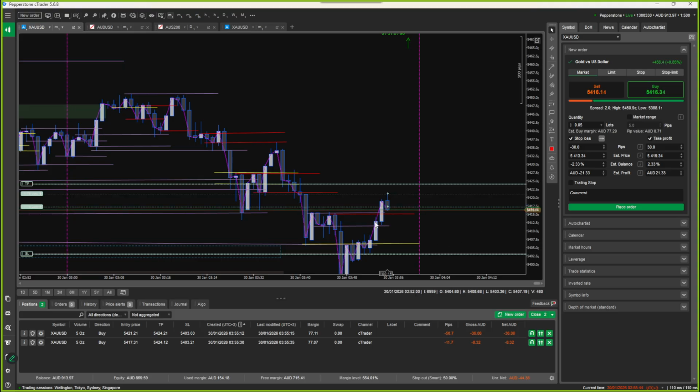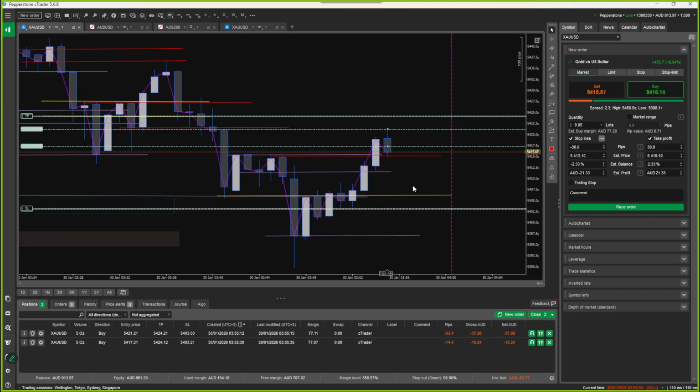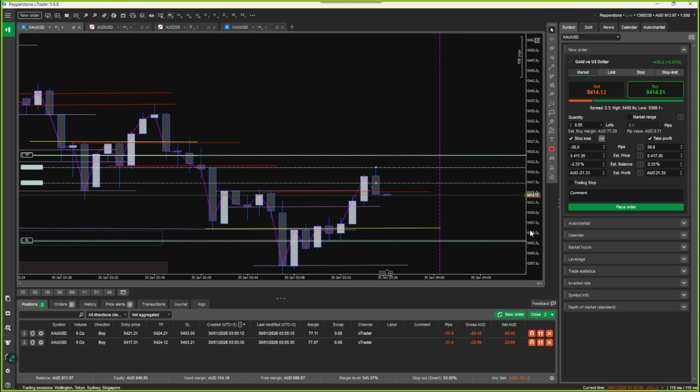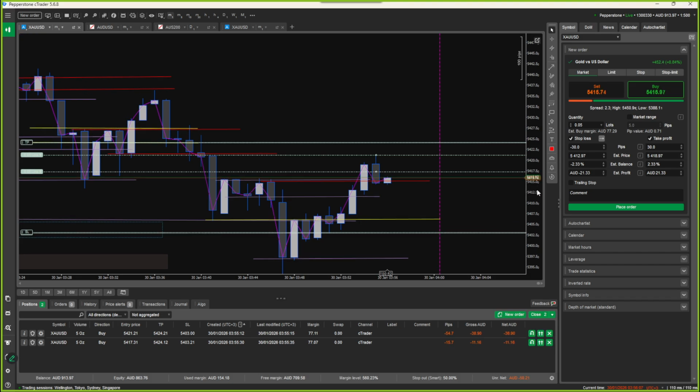It's coming back to this little liquidity zone in here. New candle. What's it going to do?